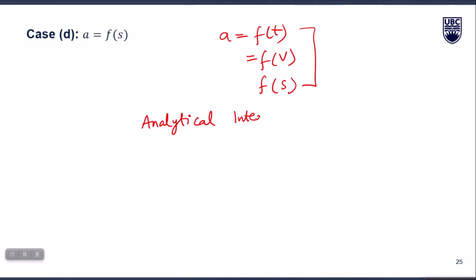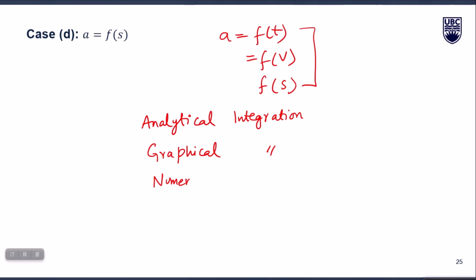But there can be certain real physical scenarios or cases where the actual function relating A and velocity, or A and distance, for example, may be very complex, right? And the analytical integration or simple methods of integration may not work in those cases. So you may go to graphical integration in those cases, and you can also opt for numerical integration.